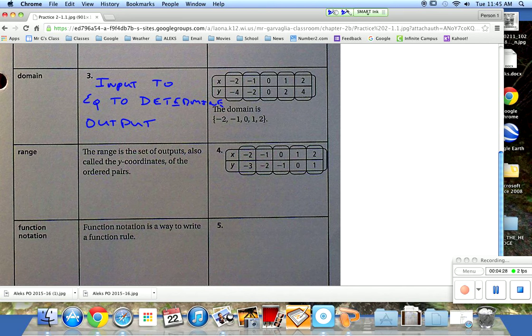Yeah, this would be your x. So if we had an xy function, it would just be your x. What we would typically do is put an x value in to determine what our y value is. Determine. Equation, EQ. I just put EQ for equation.